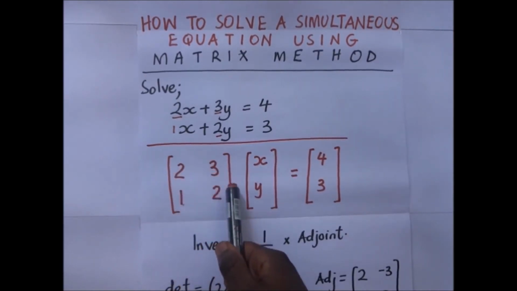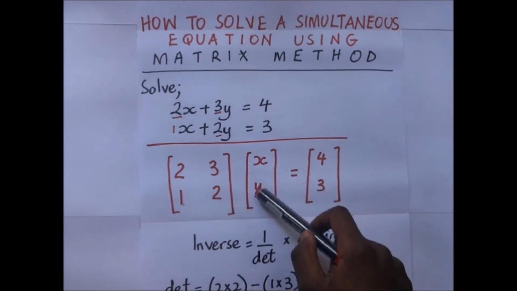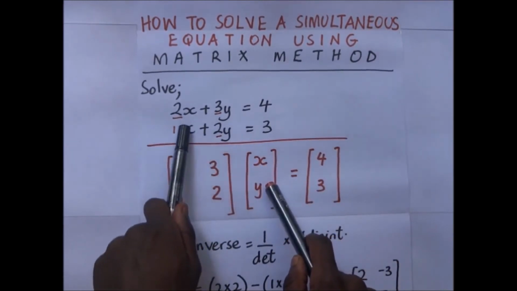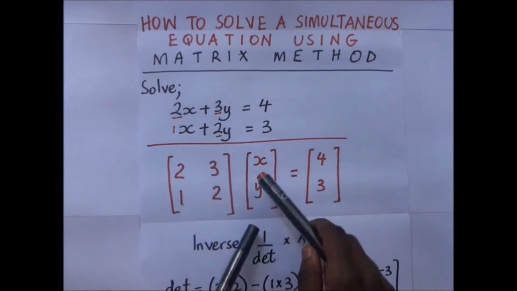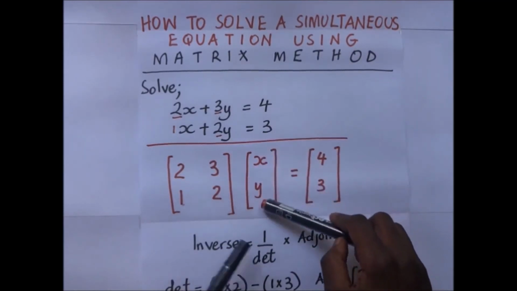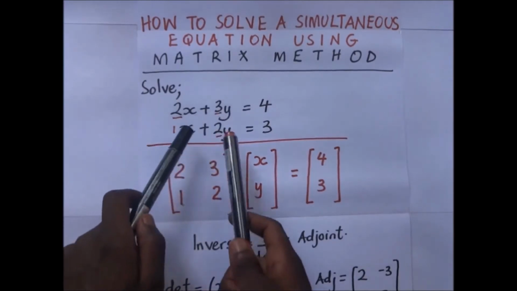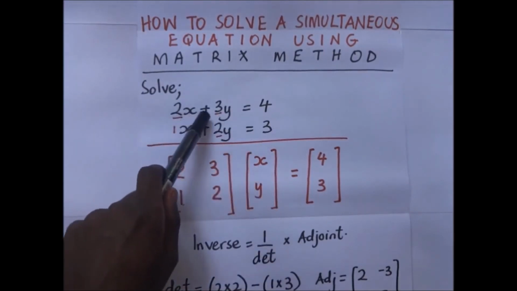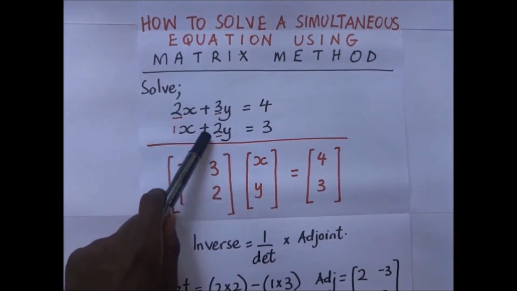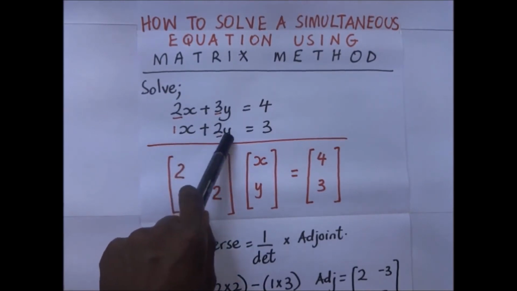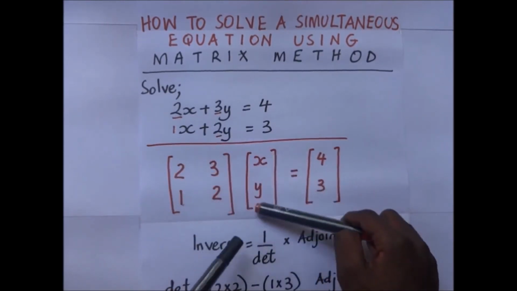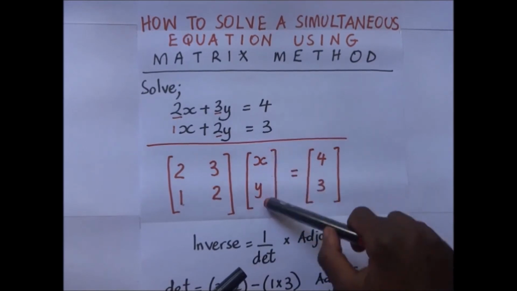We multiply this matrix by the unknowns. The unknowns in this case are x and y. So we follow that order, x and y, because the first term here is x and the next is y. Now if it was reversed, if it was 2y plus 3x, or y plus 2x, then the order of our unknowns would be y and x.